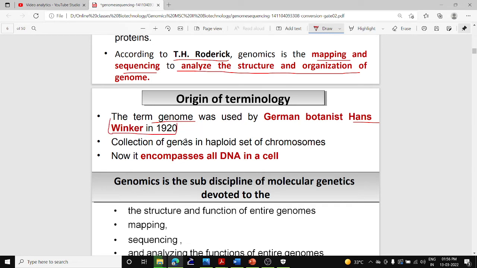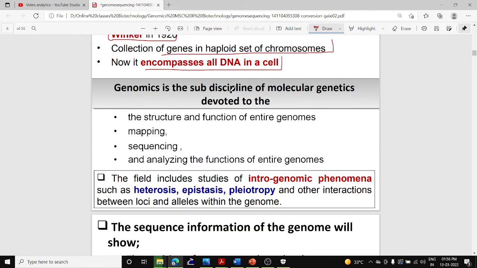The collection of genes in a haploid set of chromosomes is very important. Now it encompasses all the DNA in the cells. Genomics is the sub-discipline of molecular genetics devoted to the structure and function of the entire genome, and the mapping of the genome. Genomics includes the sequencing of the genome and analyzing the function of the entire genome.